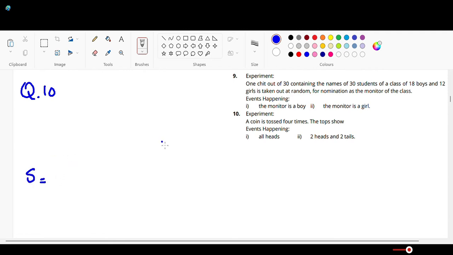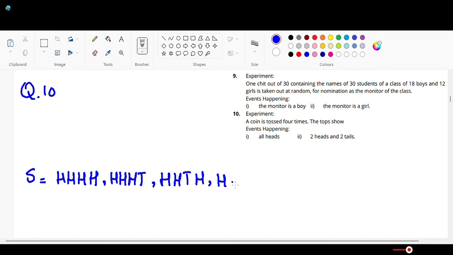The coin is tossed 4 times, and we have 2 possibilities each time: we can either get a head or a tail. The very first possibility is that all of them are heads, so 4 heads. We could also get 3 heads and a tail. We could get 2 heads, a tail, and then another head. We could get a head, a tail, and 2 heads. We could get a head, tail, tail.